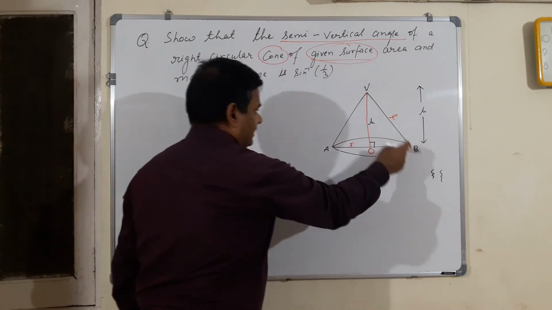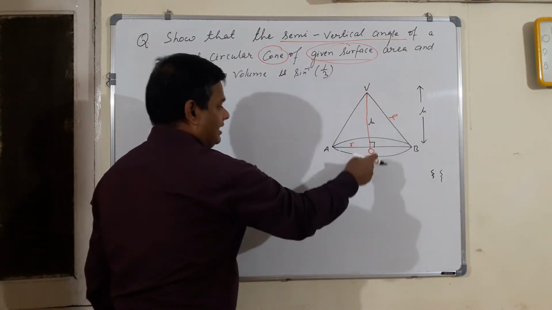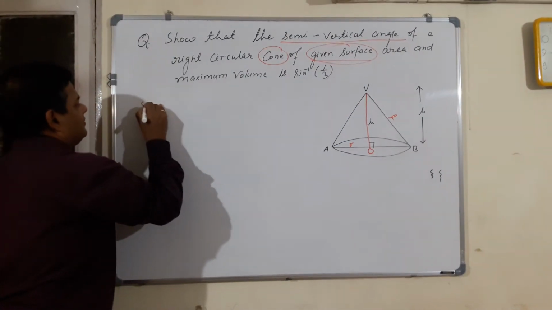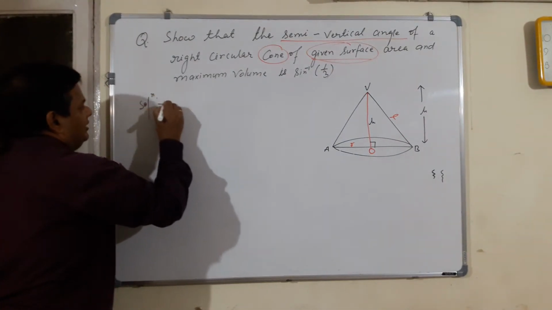L is the slant height, H is the height, R is the radius. So here write the solution.